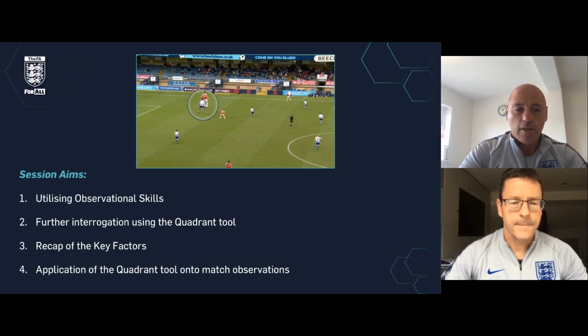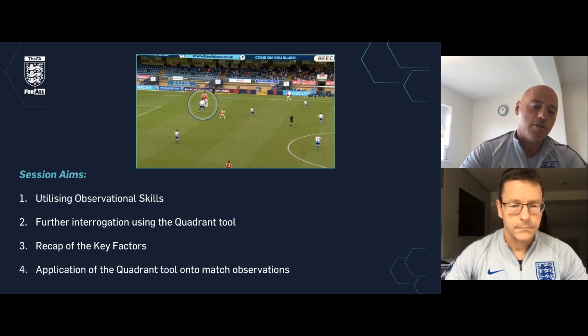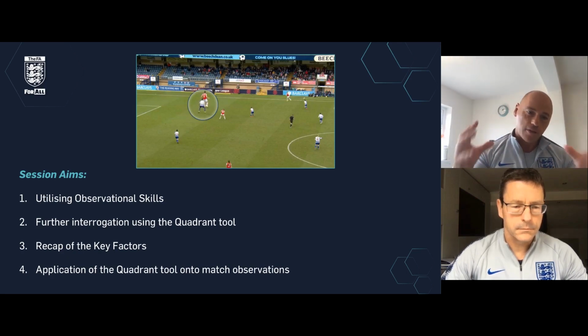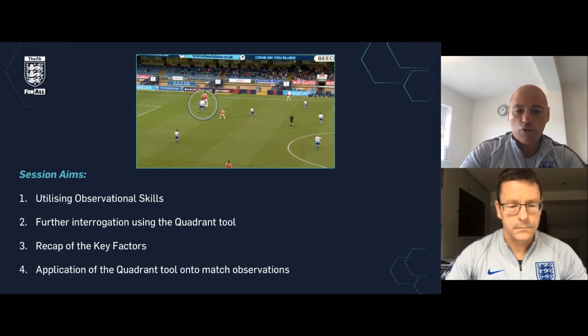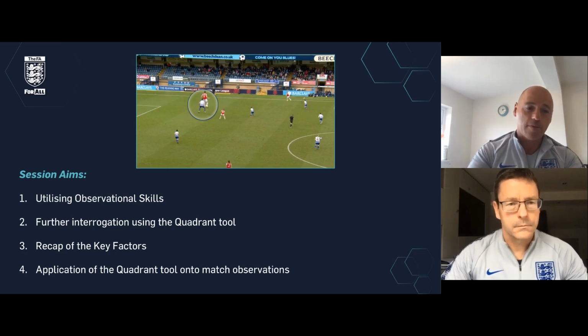As you know, the whole focus around Under the Microscope is helping you develop and utilize your observational skills and fine-tune that lens, how you look at the game. What we want to try and do is further interrogate the game using the quadrant tool, but this time, as opposed to looking at in possession, we're going to be looking out of possession.